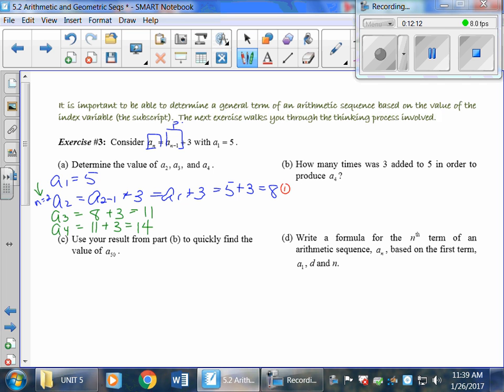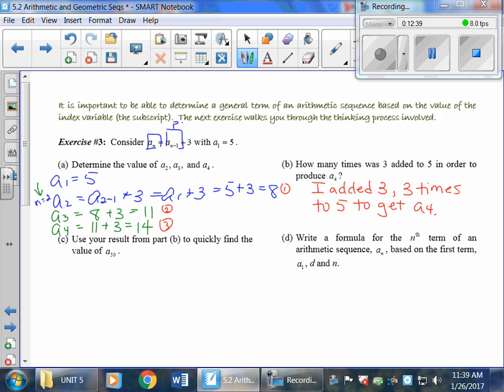I added once. I added twice. I added 3 times. So I added 3 times to 5 to get a sub 4.